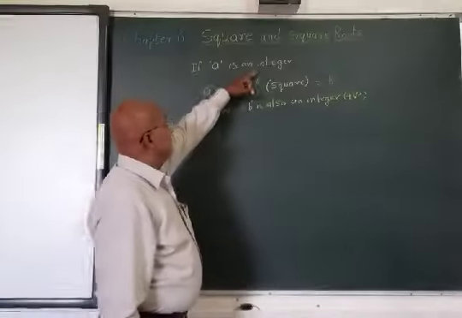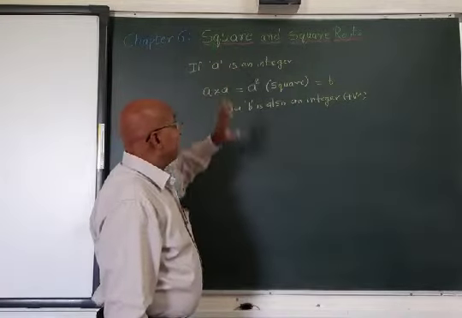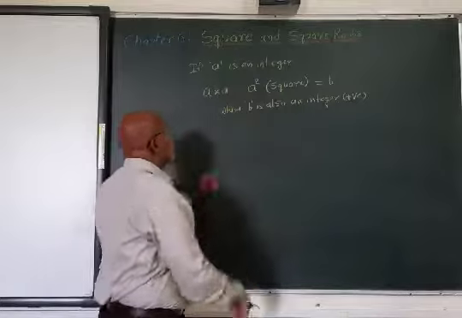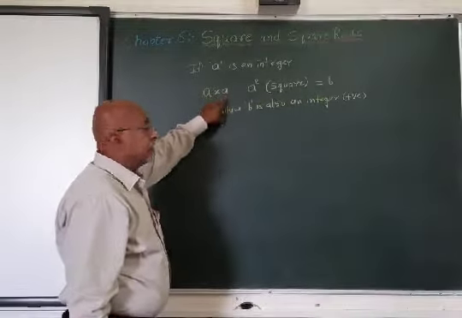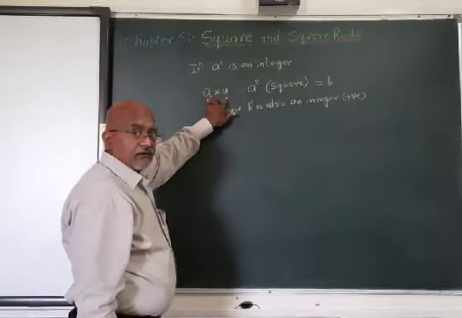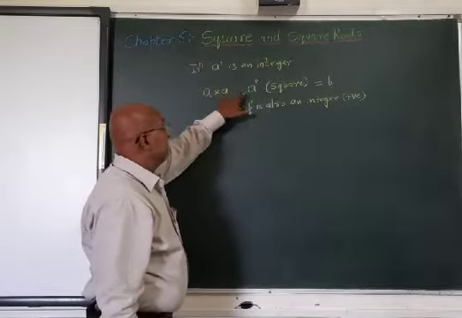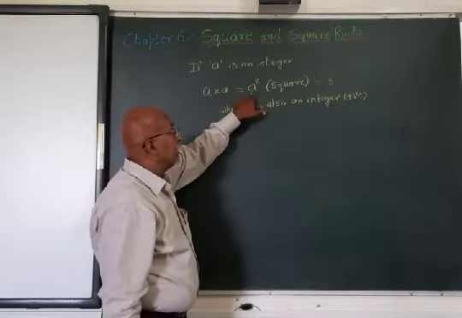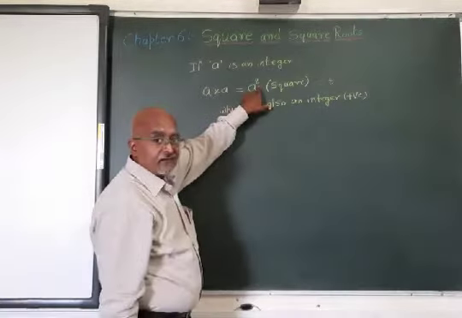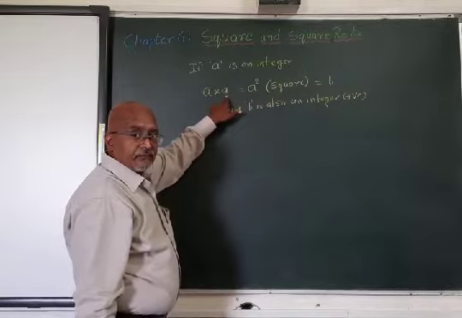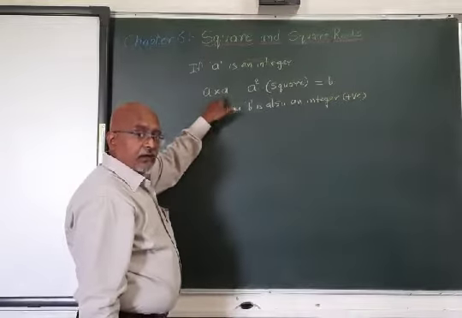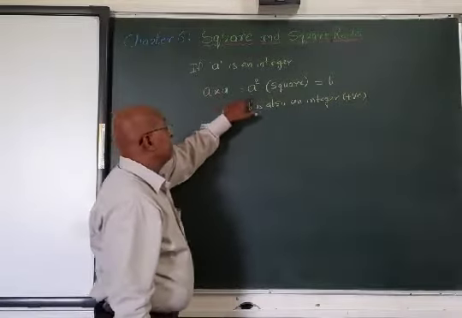If a is any integer, then the product of the same integers results in a square figure that is indicated as a square. It means a is multiplied by a itself.